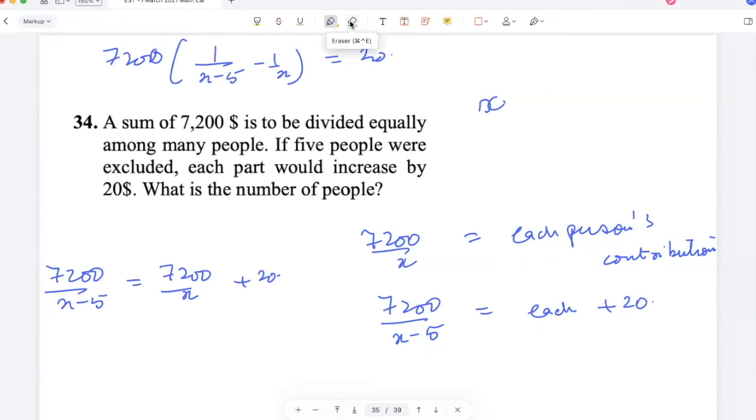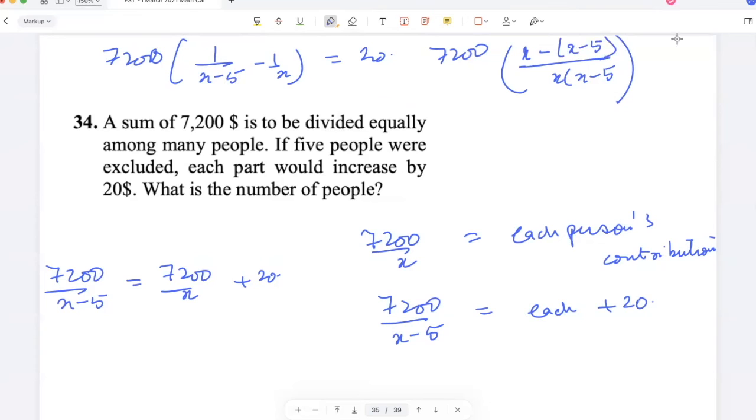So let me just clear this. So then I get 7,200 times X minus X minus 5 over X into X minus 5 is 20, right? So 7,200 times 5 by X times X minus 5 is 20, right?